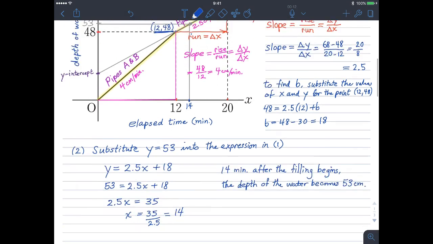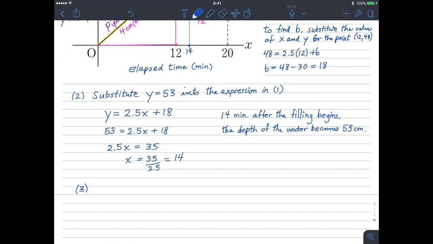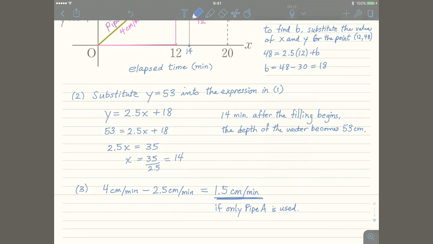Therefore, to answer part 3, we have to take 4 centimeters per minute and subtract 2.5 centimeters per minute, and that gives us 1.5 centimeters per minute, which is if only pipe A is used. And that's the answer to part 3.